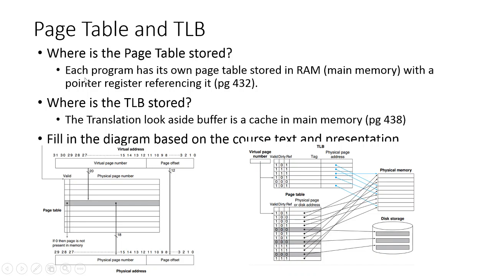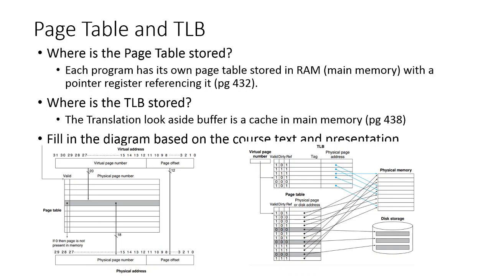The page table, as it says here, each program has its own page table stored in RAM with a pointer register referencing it. This is somewhat a simplified explanation. It depends on the implementation of the system, but good enough for the class. And one of the interesting things about this is that since each program has its own page table, whenever we need to go look in RAM to translate a virtual page to a physical page, that's one time cost.